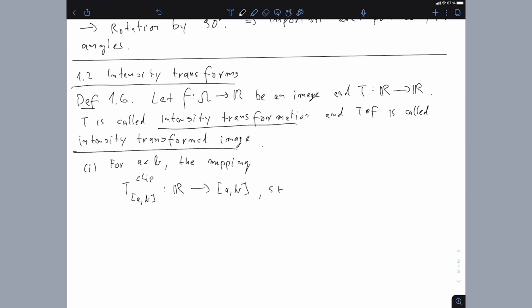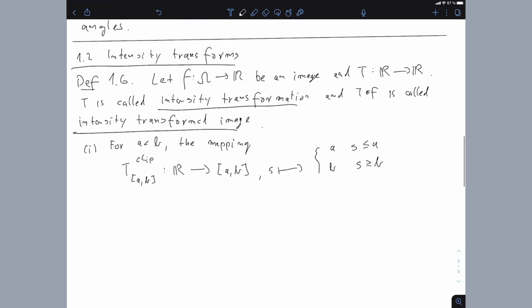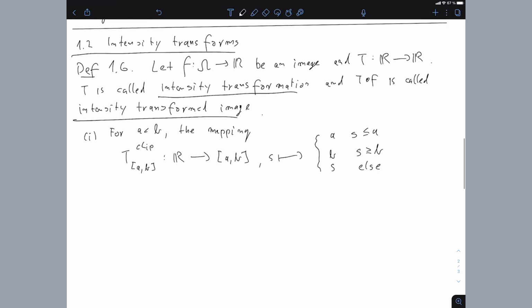It's very simple. If we are at a position smaller than a, we map to a. If we are bigger than b, we map to b. Otherwise, we don't change the intensity value. So it's clipped to the interval a, b.